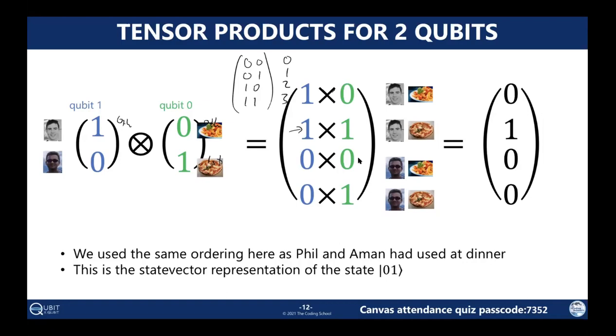Here you can see this is the 0 state and this is the 1 state, so this state over here is 0, 1, and it's written like this. We can do that for all of the different 2-state options.